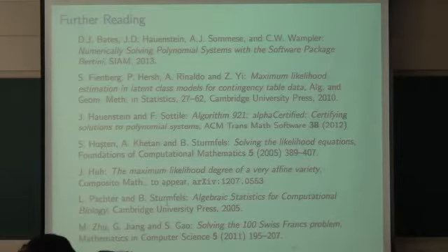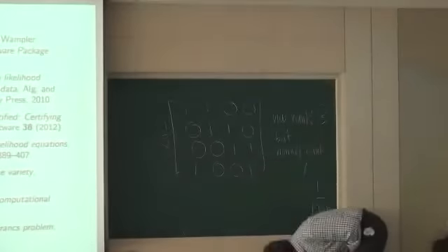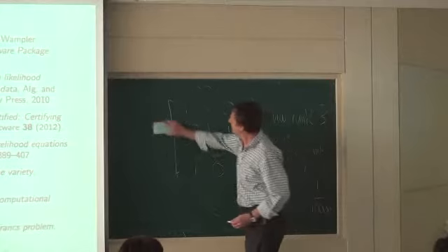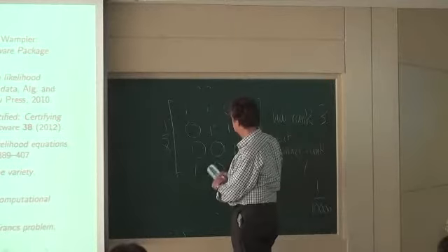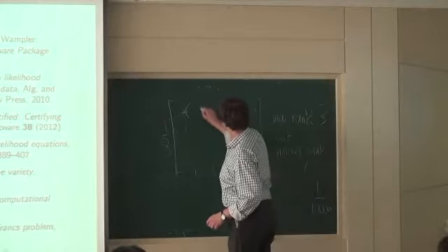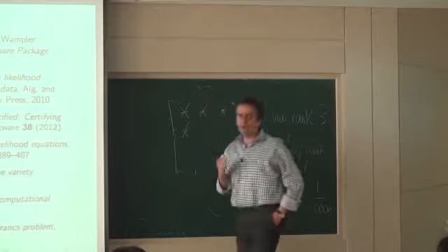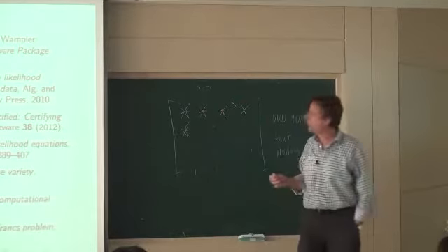So I've been always obsessed for a long time with the case of 4x4 matrices. And there was one particular data set I was interested in. And 4x4 matrices are particularly important, right?